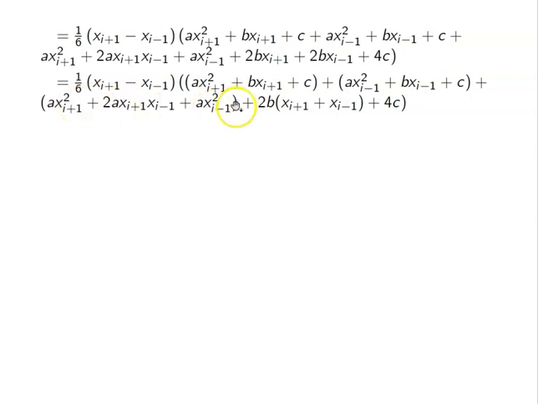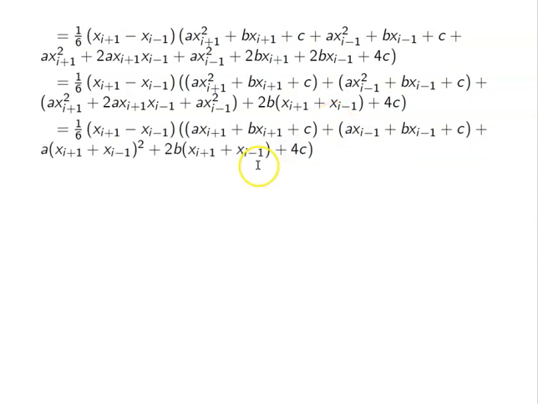This looks like a perfect square to me, right? Square the front, square the back, multiply them together and double it. Here, I just factored out this 2b term. One is a plus, one is a minus, and then I still have my 4c's. So again, my parabola evaluated at x plus I, my parabola evaluated at x minus I, a perfect square, and this is just a term for me, which I can use in a little bit.